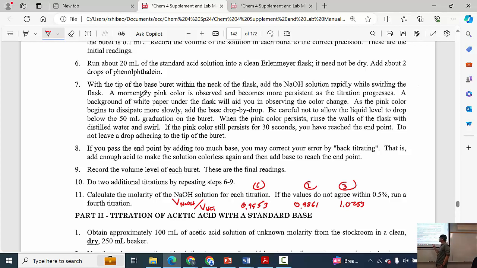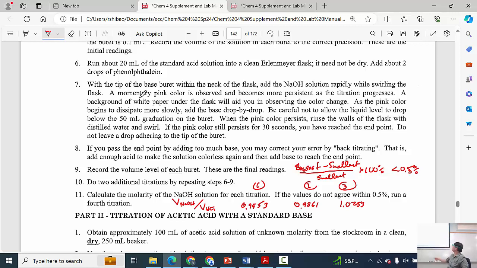So what I'm going to do is pick the smallest one and the biggest one and see if they agree within 0.5%. I'm going to take the biggest ratio minus the smallest ratio, divided by the smallest, times 100%, and this has to be less than 0.5%.